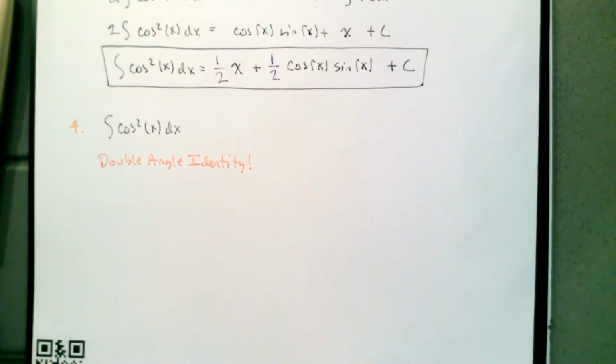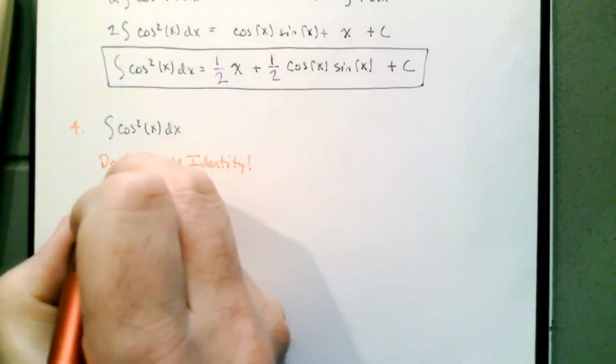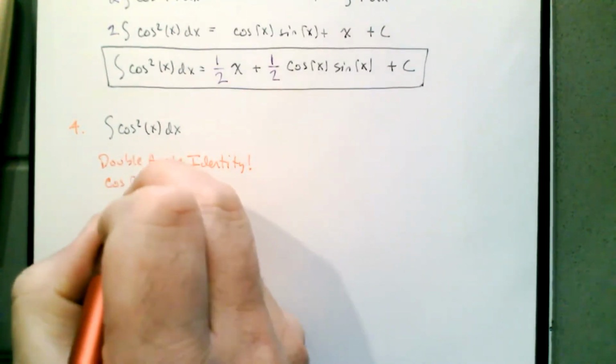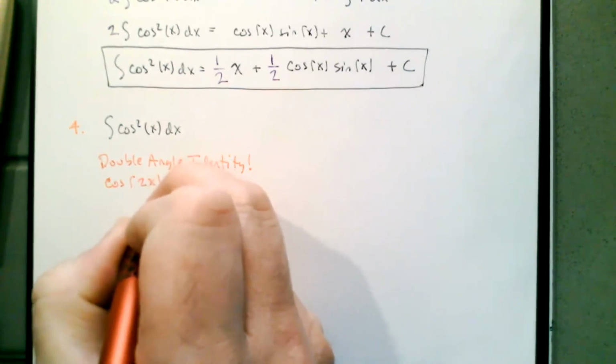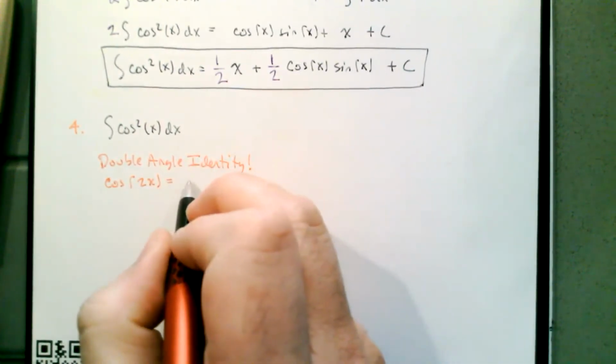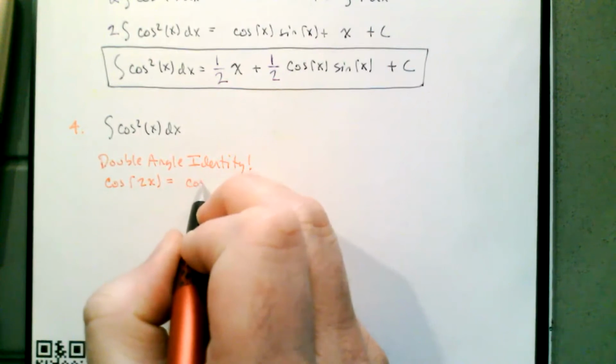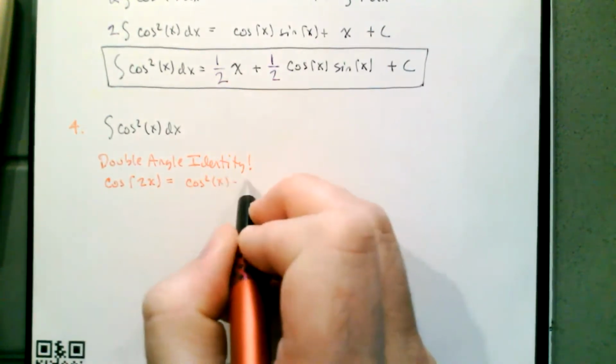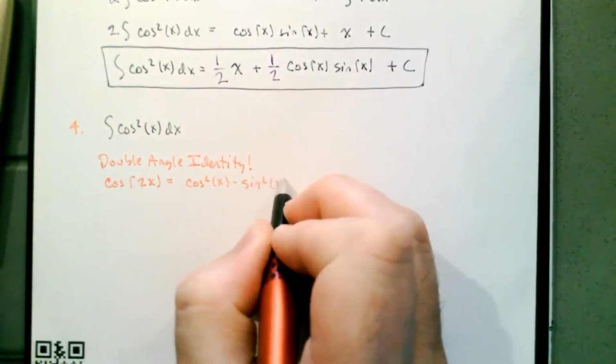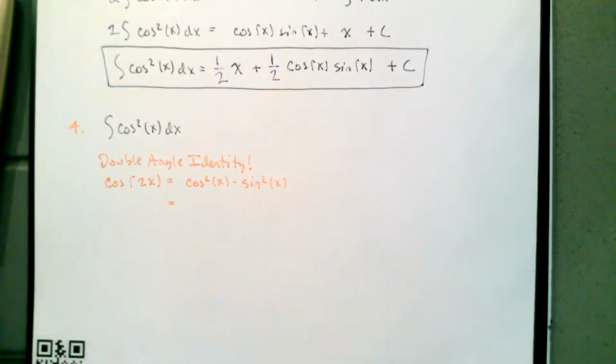So one of the double angle identities for cosine says that the cosine of 2x is cosine squared x minus sine squared x. But cosine and sine are related by Pythagorean identities.